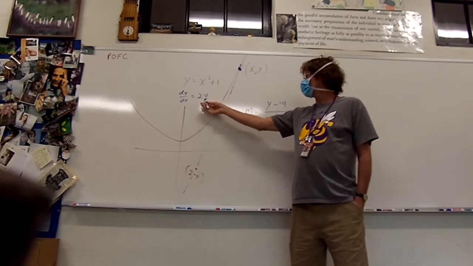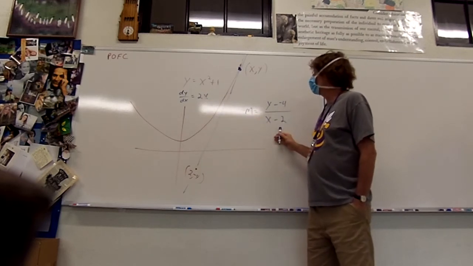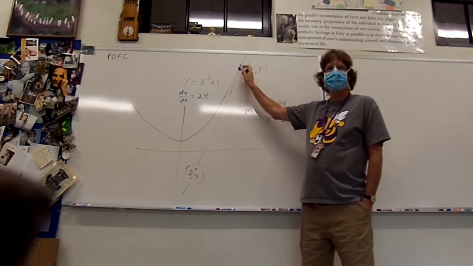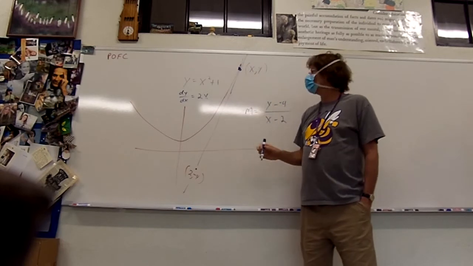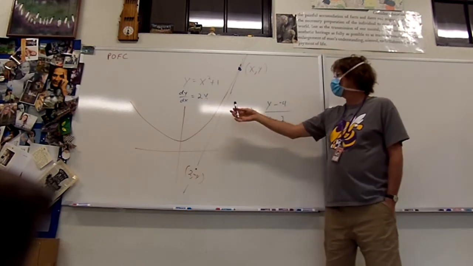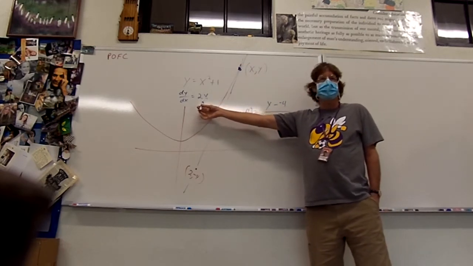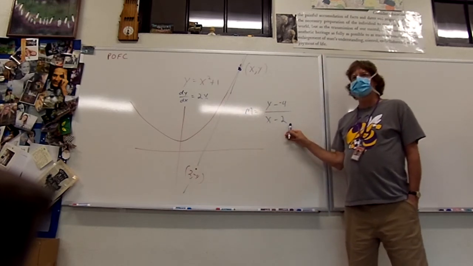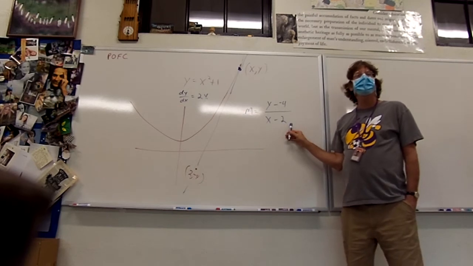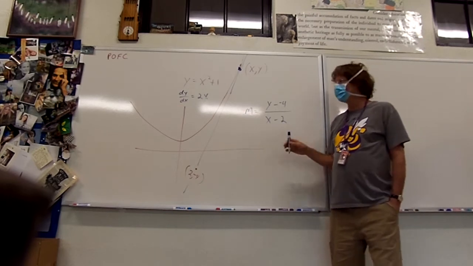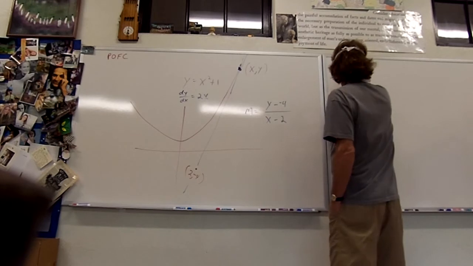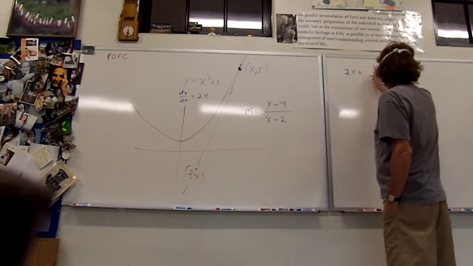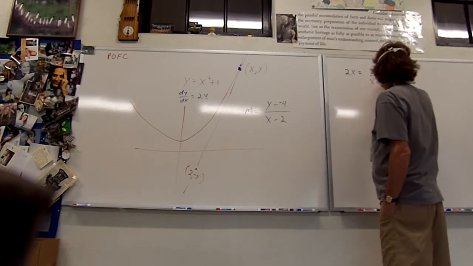So we've got instantaneous slope, we've got algebra slope, as long as we're talking about this x and y value, which is where? On the curve. Well, what's true about this slope of a tangent line formula and the algebra slope formula for this x value? They must be equal. So 2x has to equal (y plus 4) over (x minus 2).